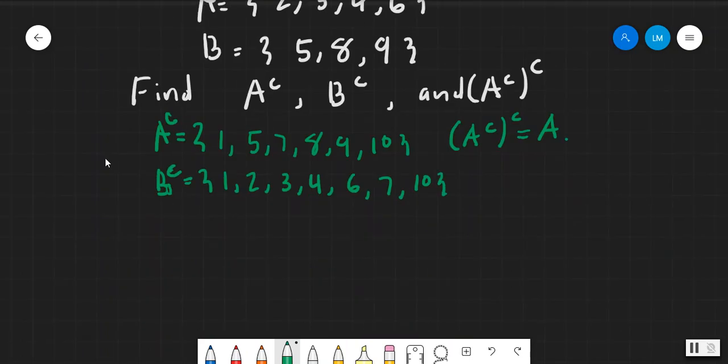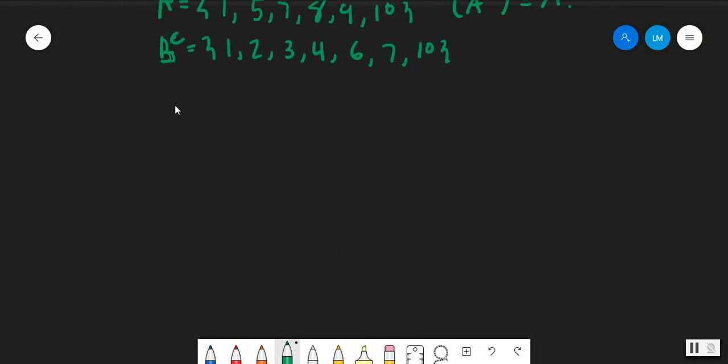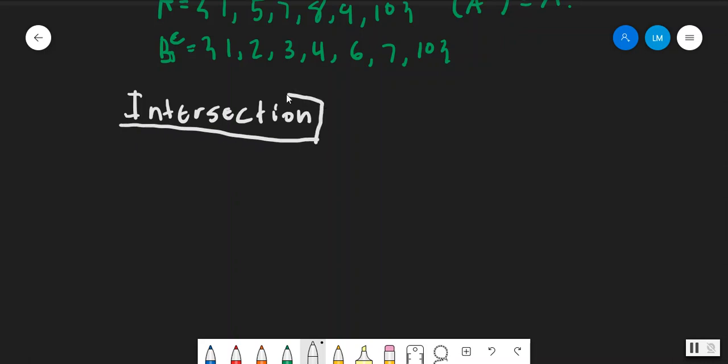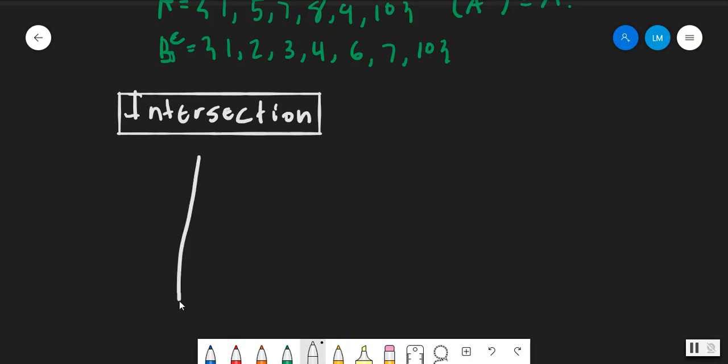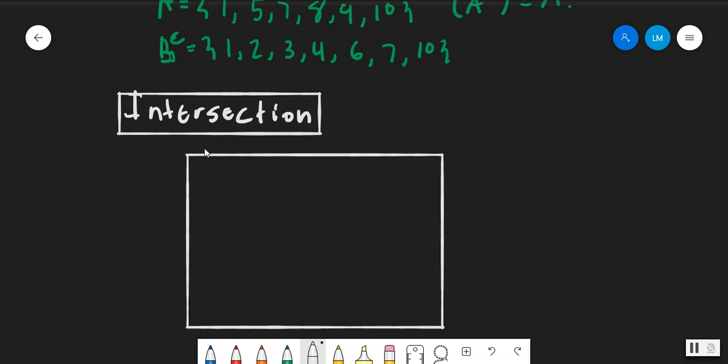Now, the other operation that would be applied on sets is what we call the intersection. Now, the intersection is actually very specific in the sense that you have your whole set in question here.